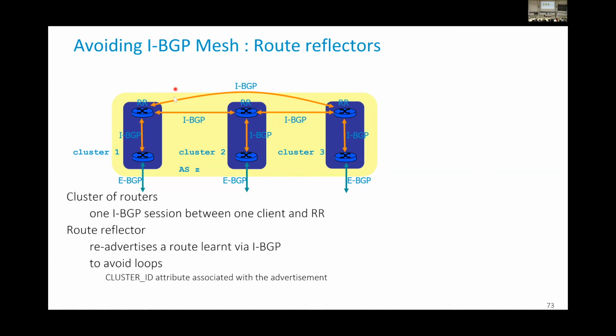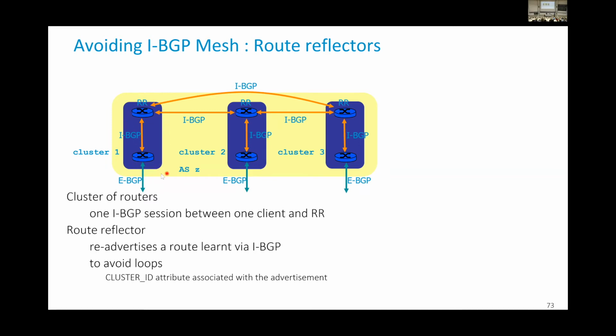So an alternative to that is to have what is called route reflectors. A route reflector is one specific router in a cluster. Here we call them clusters and not subdomains.